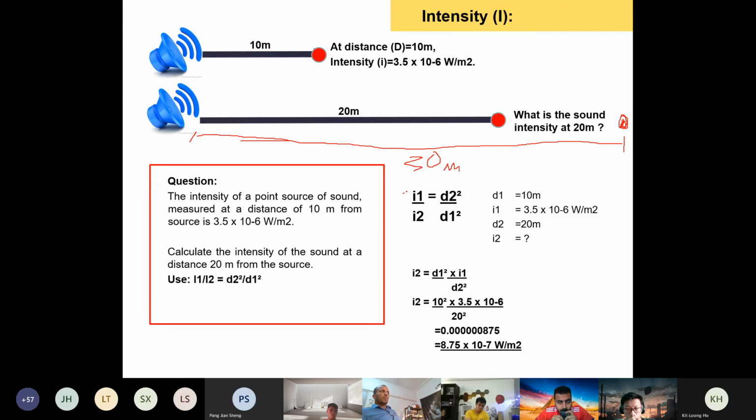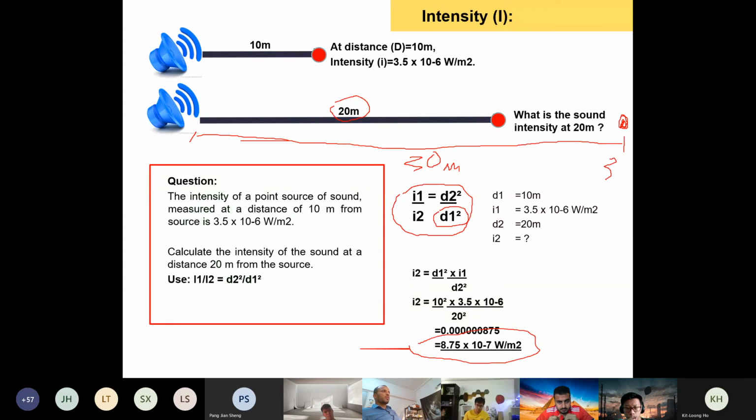So basically, you just apply this law. You can select either this one or this one. For example, let's say we select the point at 20 meters far from the source, so this one is D1, it will be D1 squared here.